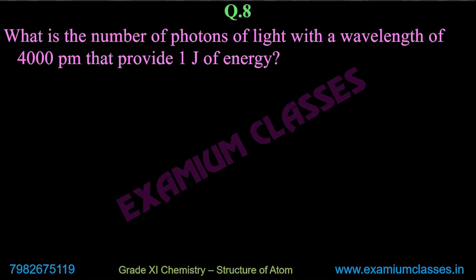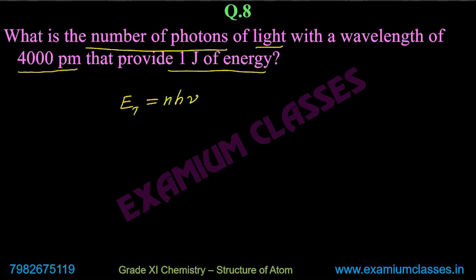Next, what is the number of photons of light with a wavelength of 4000 picometer that provide 1 joule of energy? So total energy is 1 joule. And you know 1 photon energy is h nu. Total energy is n h nu. So total energy is given, 1 joule, and h is 6.626 into 10 to the power minus 34.